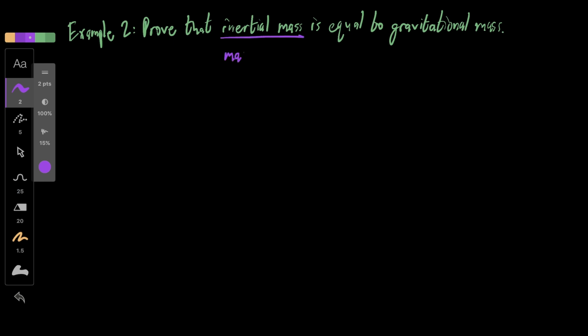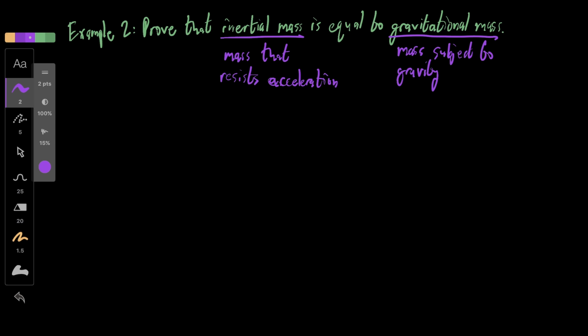This is the mass that resists acceleration. So this is the mass when we're talking about Newton's first law, all objects have inertia. Now, gravitational mass is the mass subject to gravity. So now you know these two terms, and let's go on to proving it.